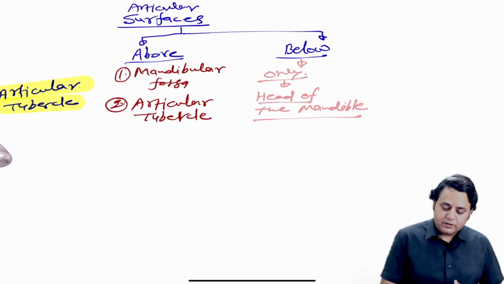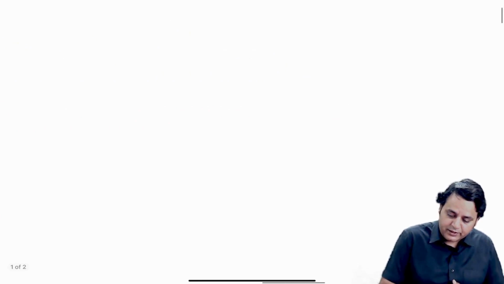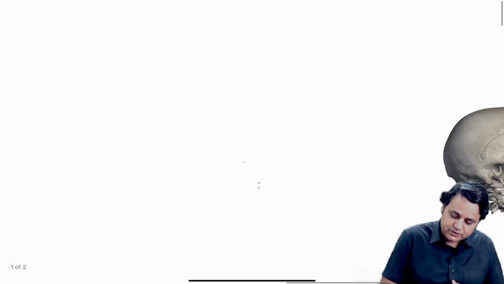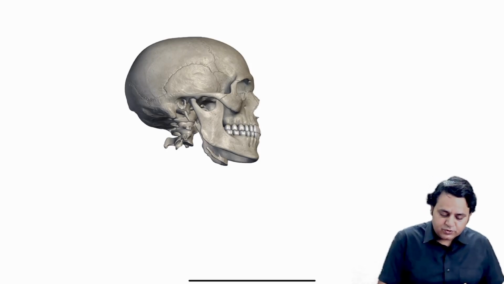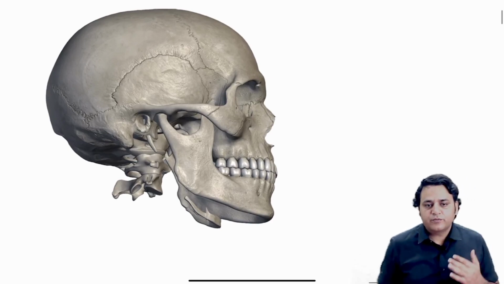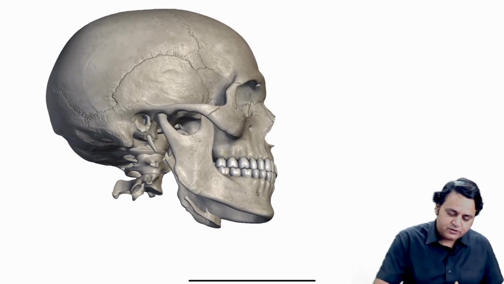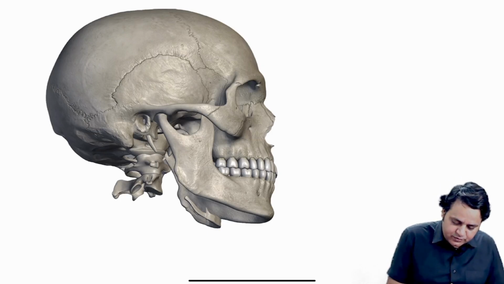Now after writing this, you can see another diagram in which we will not write anything, we will only understand. This is the lateral surface of the skull, a clearer image.